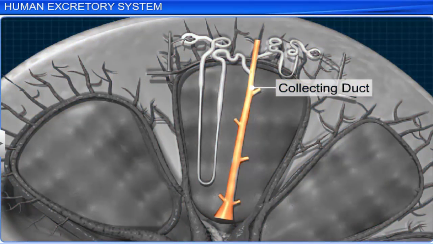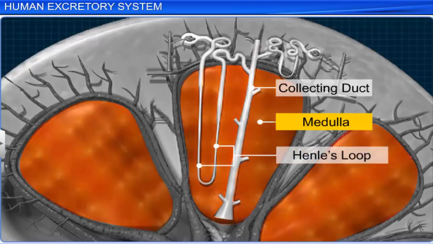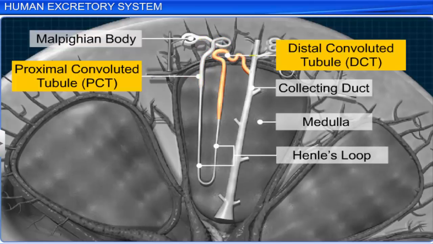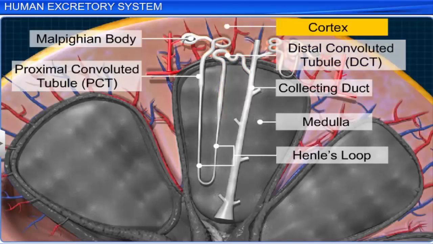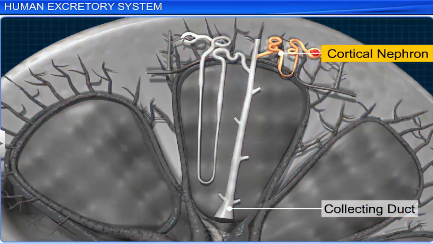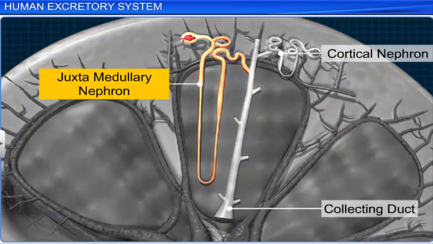The collecting ducts, along with Henle's loop, lie in the medulla, while the Malpighian body, proximal convoluted tubule, and distal convoluted tubule of a nephron lie in the cortex of the kidney. The nephrons in the kidney are also distinguished as cortical nephrons and juxtamedullary nephrons based on the length of Henle's loop.